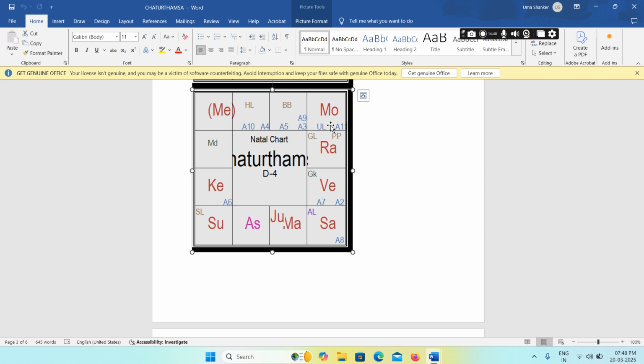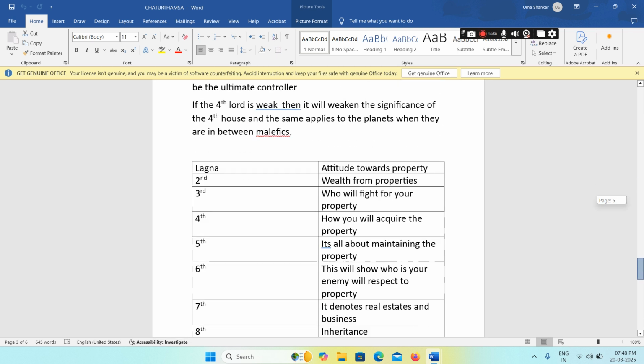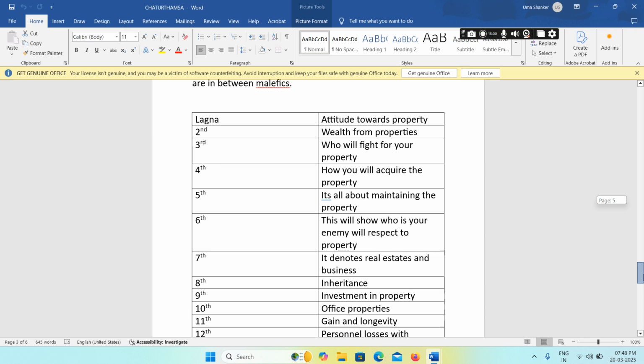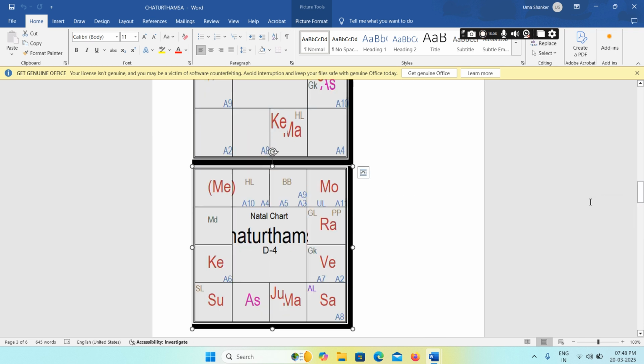Okay? And what about the fourth house? There is no planet in the fourth house, but where is the fourth lord? It is going and sitting in the 11th house. What did I say about the 11th house? 11th house is all about money, what you receive from the property, right? 11th house is gains and longevity. Why longevity? Gains we can understand because 11th house is all about gains. But why longevity?